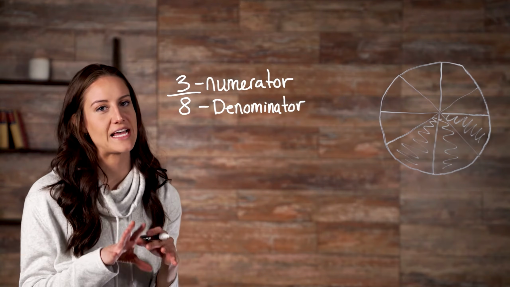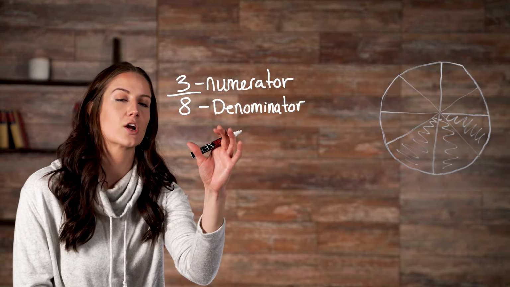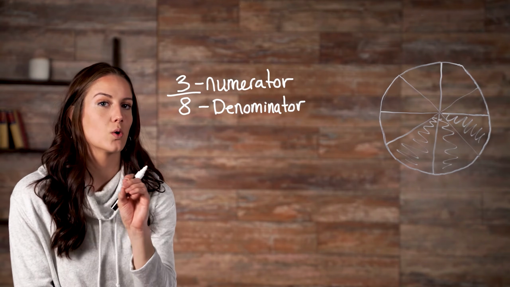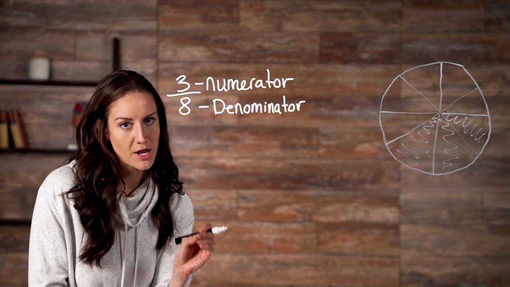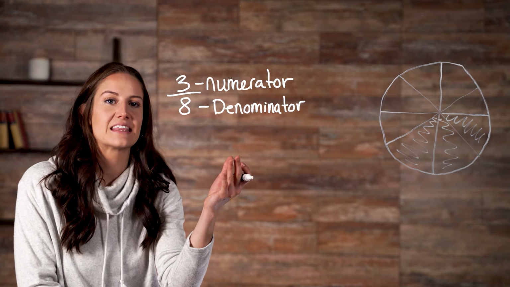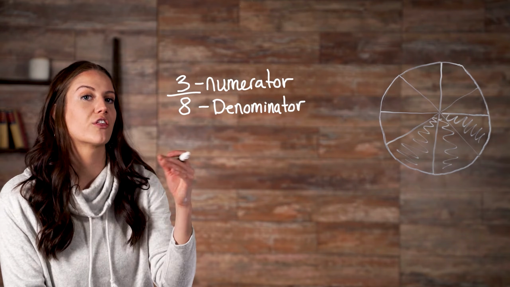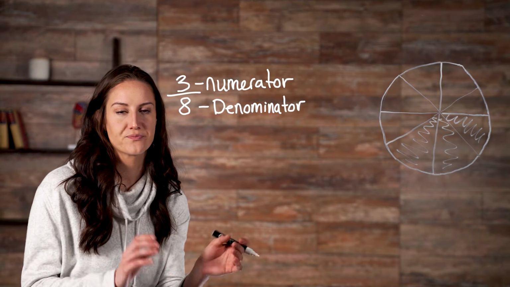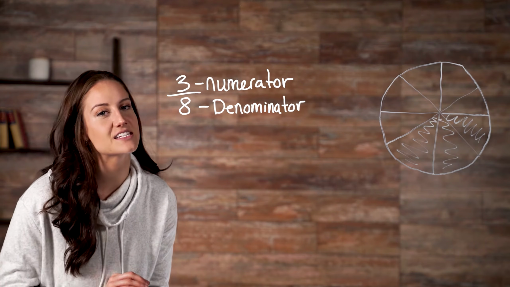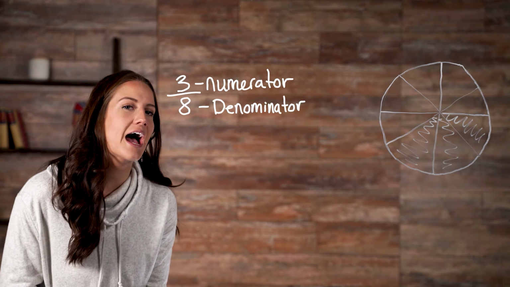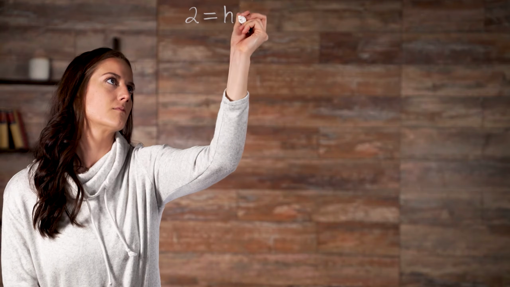When saying fractions out loud, the denominator will usually be spoken as the ordinal version of the number. You would say eighth instead of 8, or third instead of 3. Let's take a look at a list of our denominators and see how we would say them.